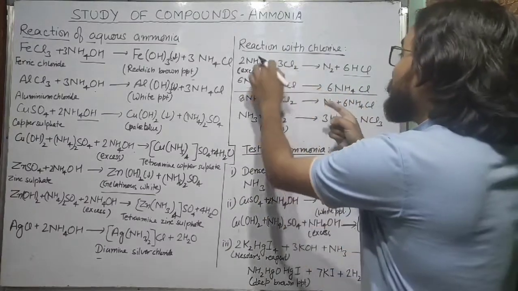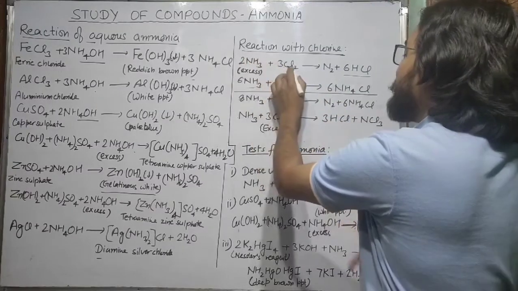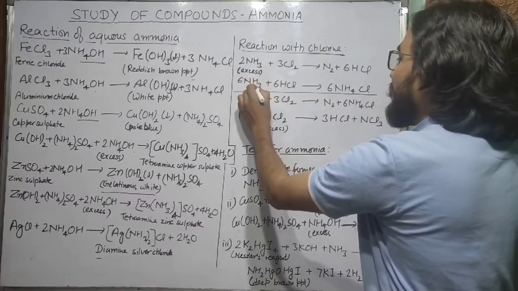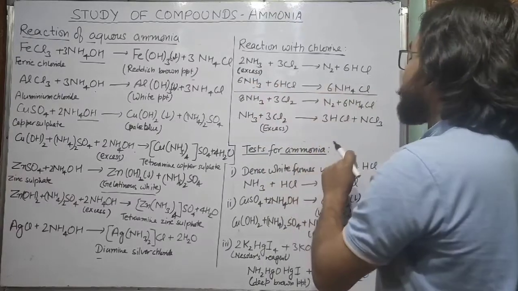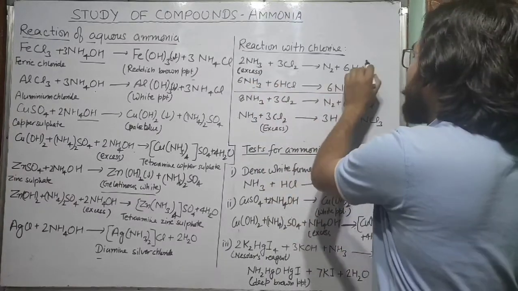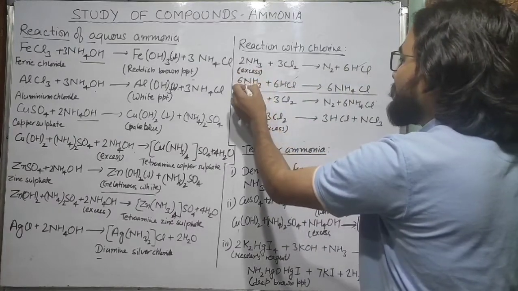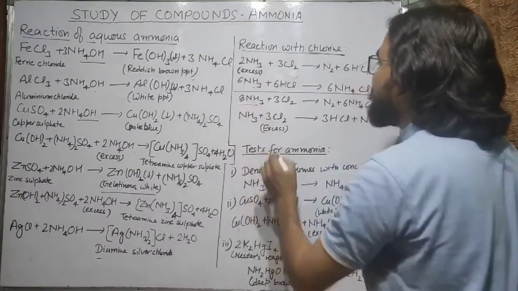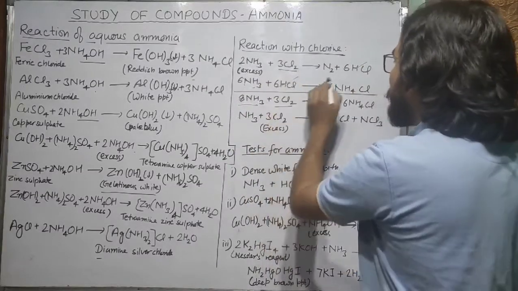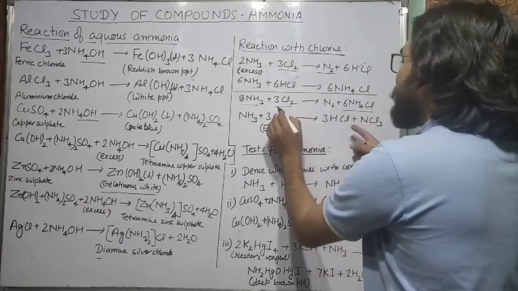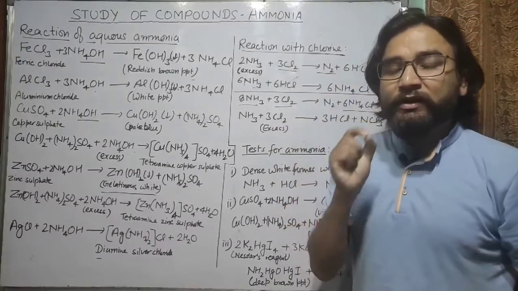If you combine these two reactions, 2NH3 plus 3Cl2 will form N2 plus 6HCl, and 6NH3 plus 6HCl will form 6NH4Cl. HCl cancels from both sides. So the overall reaction, 2NH3 plus 6NH3, that is 8NH3, plus 3Cl2 will give N2 plus 6NH4Cl. This is the overall reaction when ammonia is in excess.